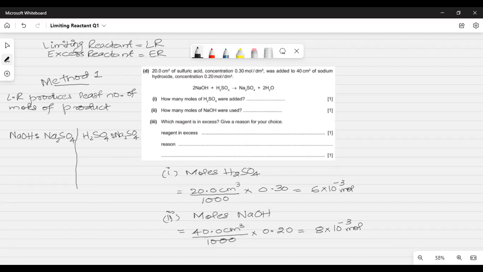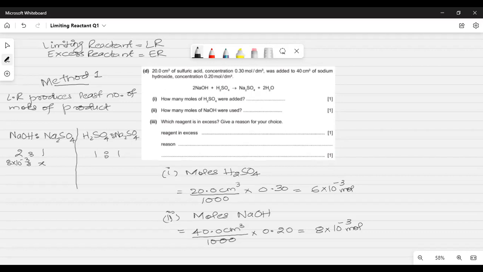So from the equation, 2 moles of NaOH give me 1 mole of Na2SO4. Since I have 8 into 10 raised to power minus 3 moles of NaOH, how much I'm going to get is going to be X. On the other hand, from the balanced chemical equation, I have 1 mole of H2SO4 that gives me 1 mole of Na2SO4.